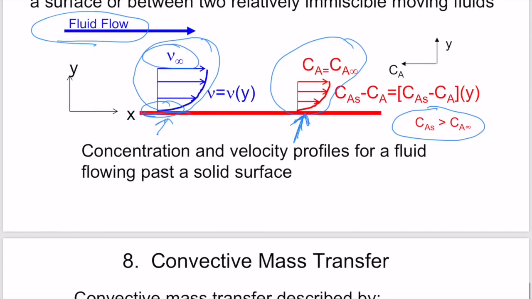I'm trying to envision what kind of situation this would happen in. It's diffusing to the plate or away from the plate, one way or the other. If this is the case, it's diffusing from the plate's surface to the fluid.